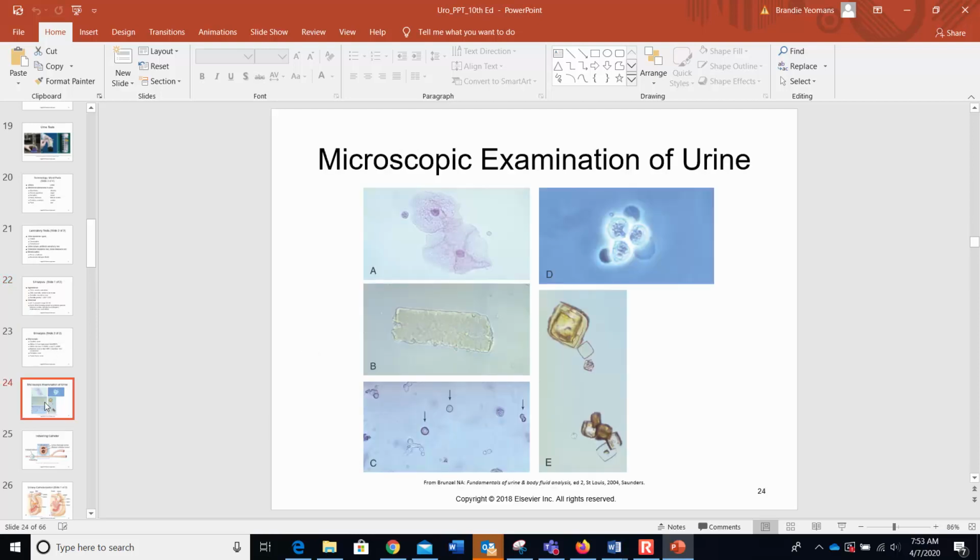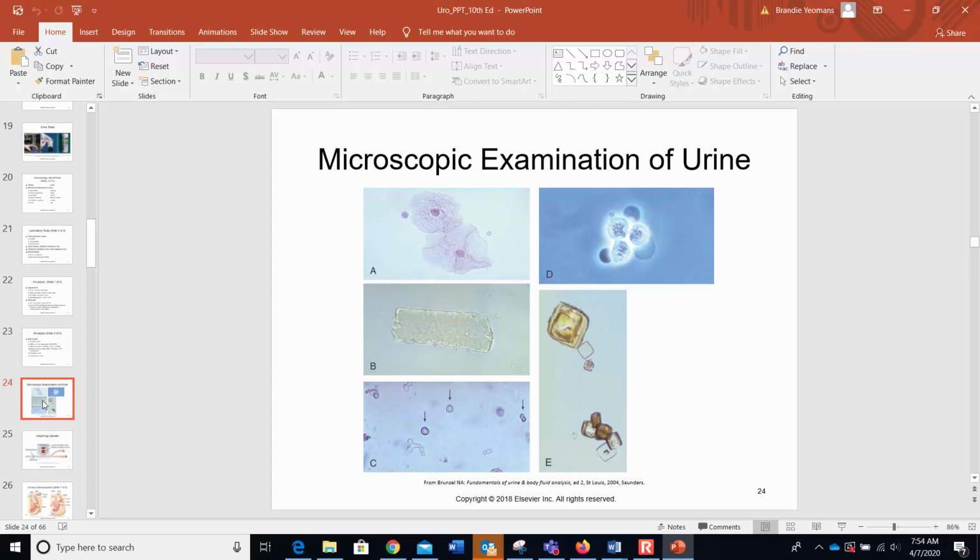Some of the really cool stuff that everybody likes to see is what's in the urine underneath that microscope. Here are some pictures that are also in your textbook of some of the things that we will see in the urine under the microscope. Picture A is just some epithelial cells that we see, which comes from the skin, so it's basically like a contaminant.